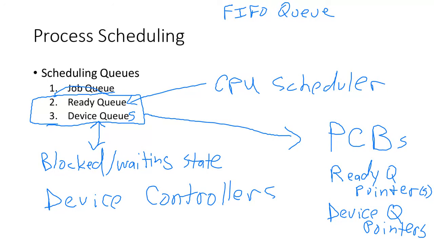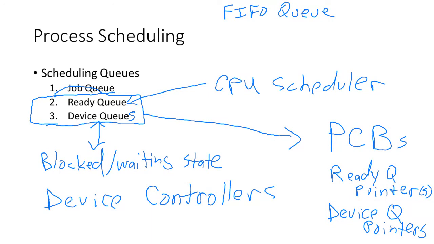Now, Chris asked about the job queue. An operating system might not necessarily have a job queue. That term job hasn't been used; we use process instead of job.